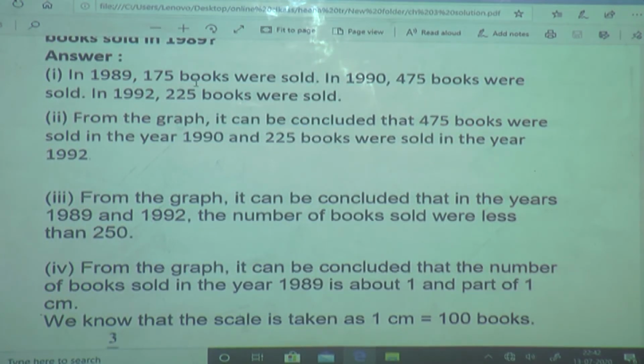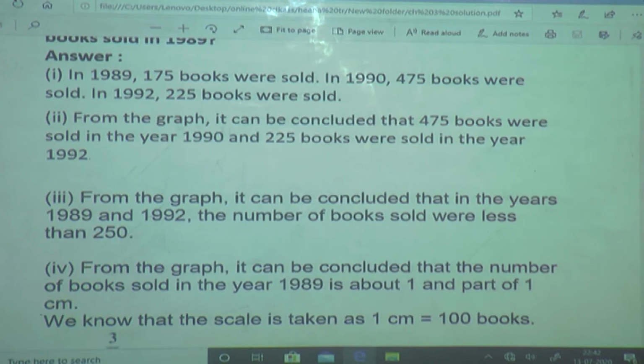In 1989, 175 books were sold. In 1990, 475 books were sold. In 1992, 225, because I had already explained this orally to you.